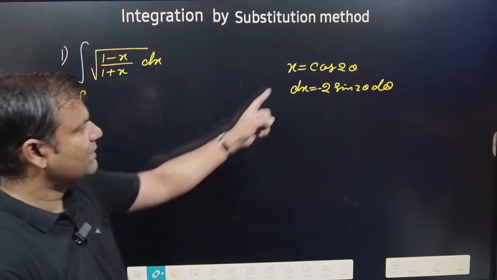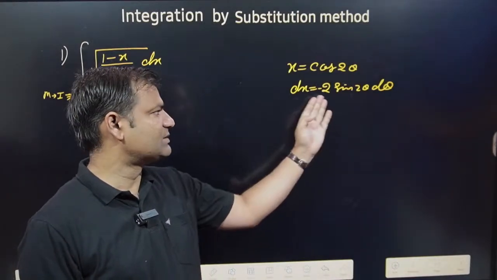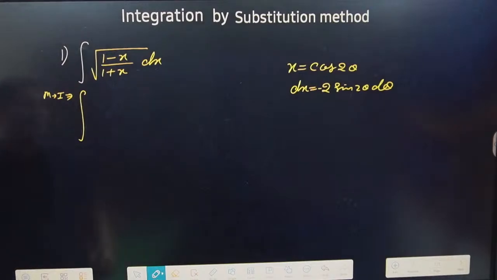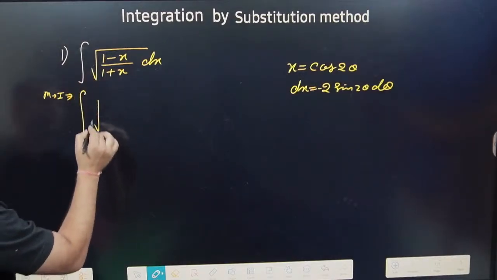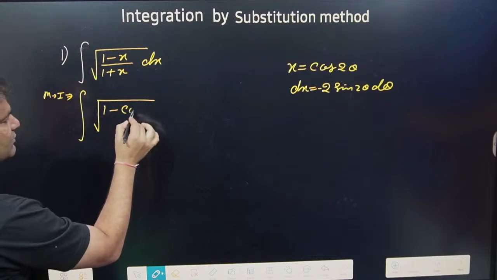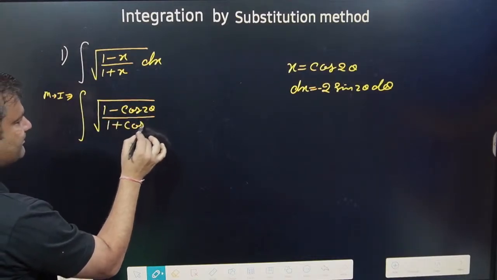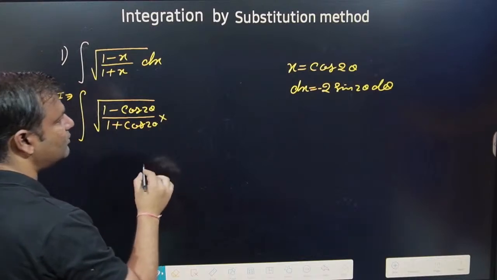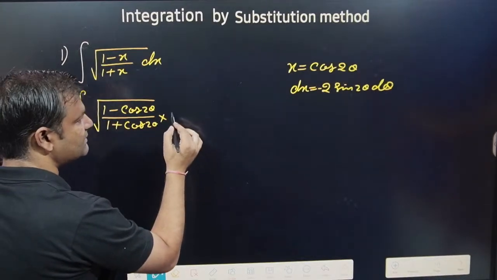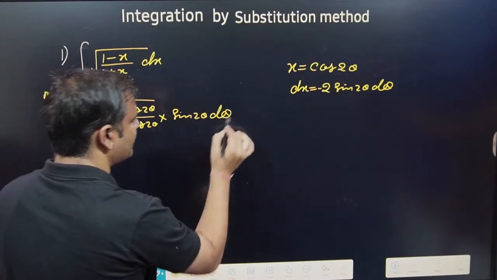if you have considered x equal to cos 2 theta, then dx is replaced to minus 2 sin 2 theta d theta. Now put this here: under root 1 minus x is replaced to 1 minus cos 2 theta, divided by 1 plus cos 2 theta, into minus into 2 sin 2 theta d theta.